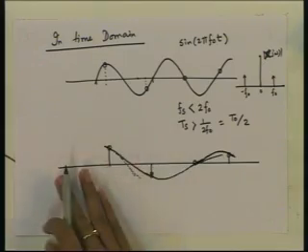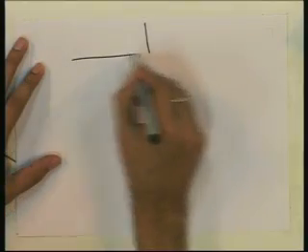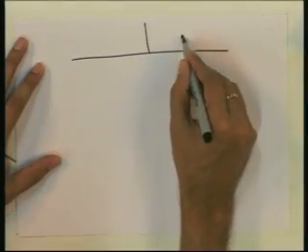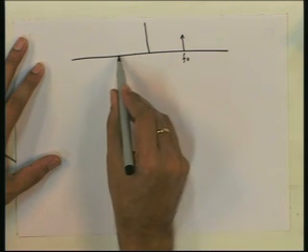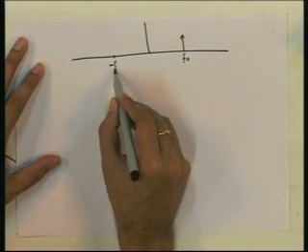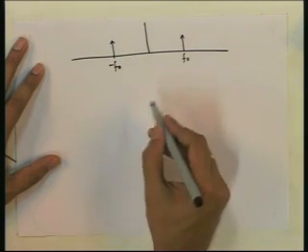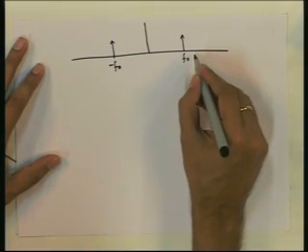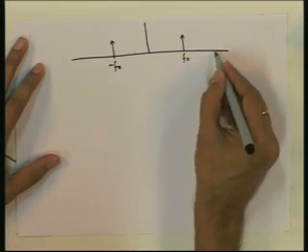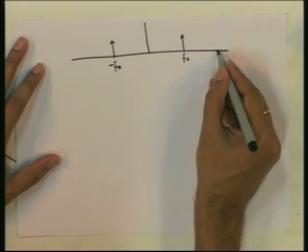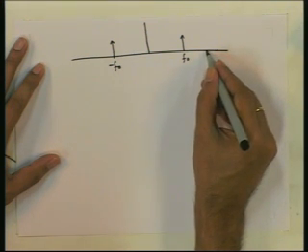Let us see what is happening here in the frequency domain. We have the original signal spectrum like this, f naught and minus f naught, and Fs is less than 2 times f naught. 2 times f naught is here and Fs is less than this.